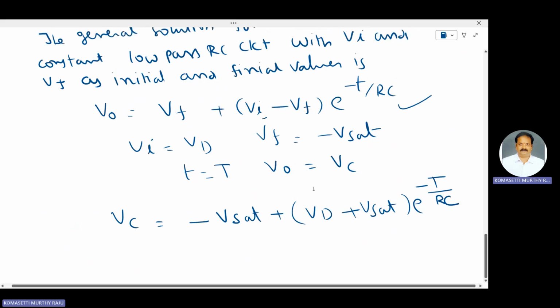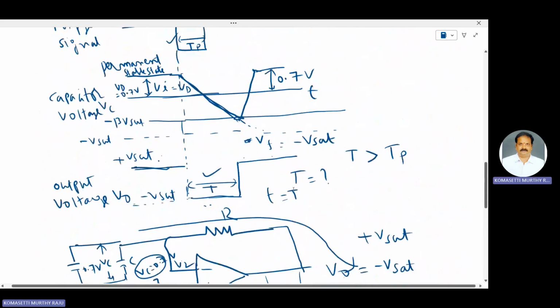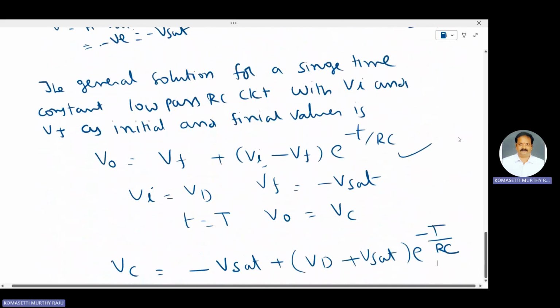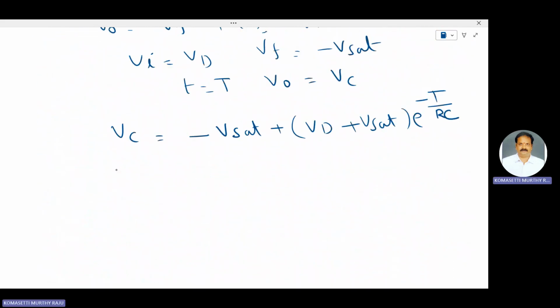At small t equal to capital T, the Vc value is minus Vset.